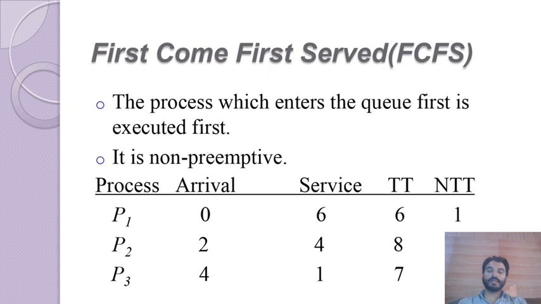After P2, P3 comes and its arrival time is 4. The CPU algorithm decides which process will be executed. P1 has the earliest arrival time, earlier than P2 and P3, so P1 is moved from the waiting state to the running state.